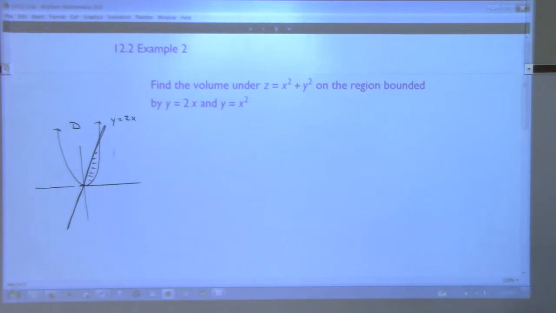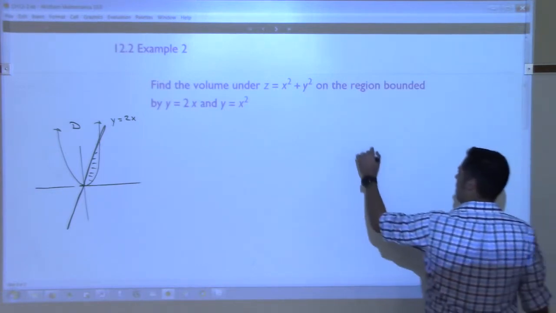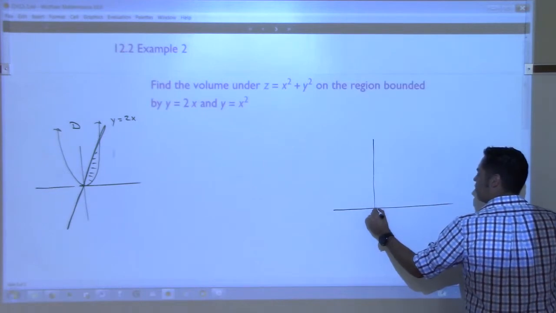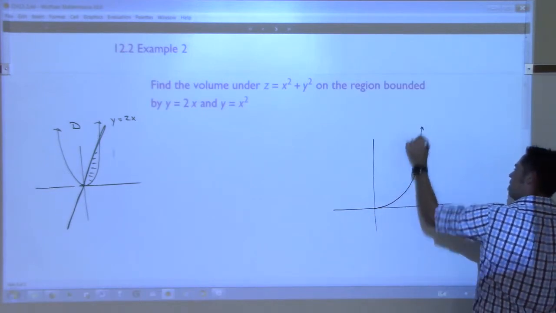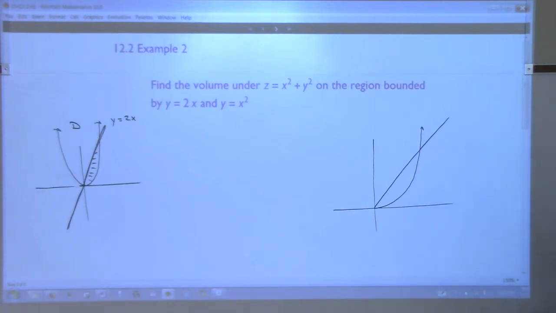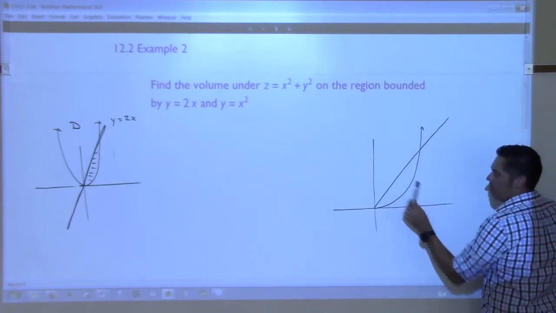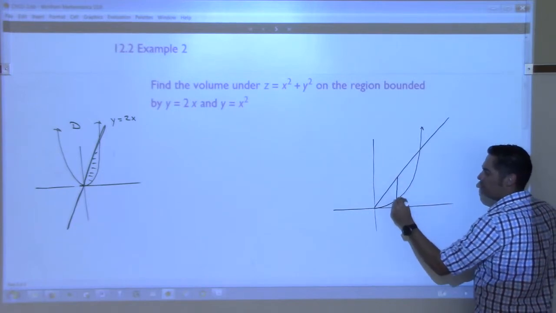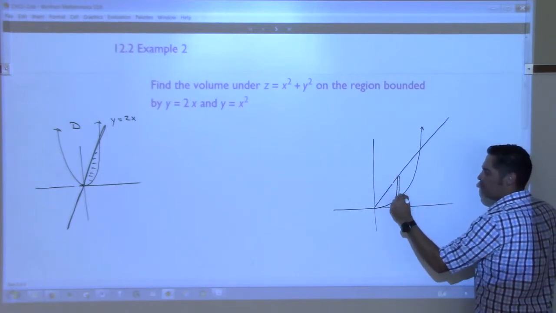All right. Can you see that it is a type 1 region? If you're having any issues with seeing it's a type 1 region, this is the way I like to think about it. If I'm looking at type 1, imagine that I'm drawing little rectangles in here.